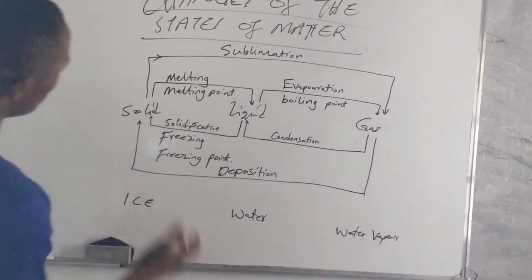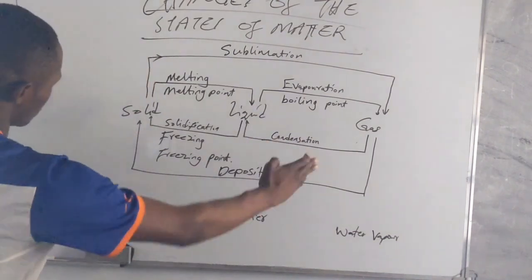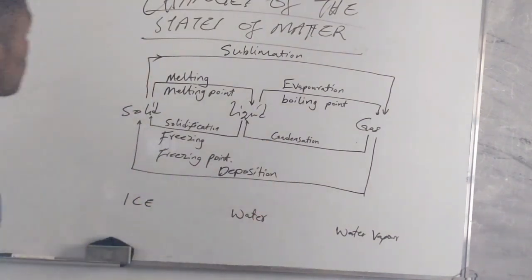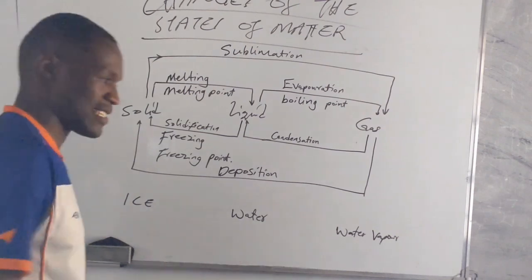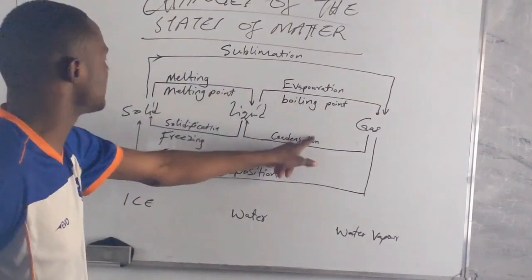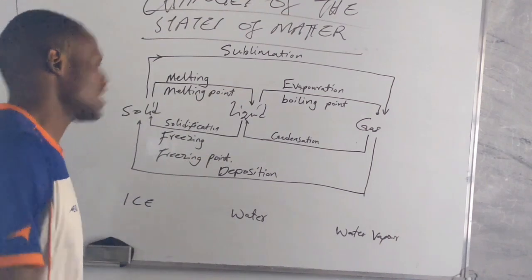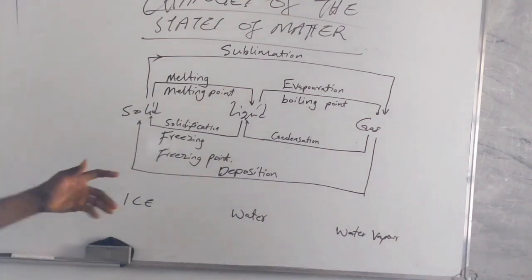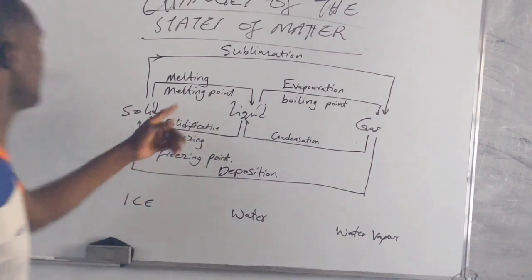Now, how are the questions phrased out of this? You find that they can use letters, maybe this is A, B, C, D, E, F. Then they say, what do we call the process labeled A?